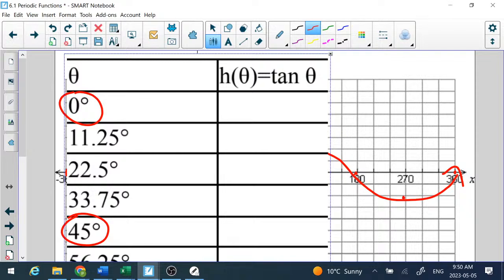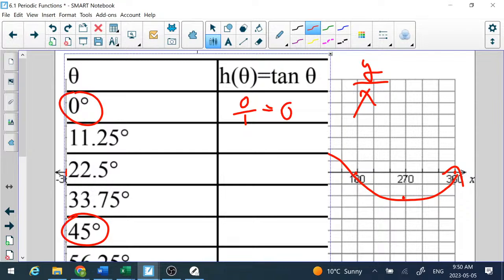Okay, how do we calculate tan again? Tan is y over x. So look at your unit circle. At 0 degrees, what's your y value? What's your x value? So we have 0 over 1, which is essentially 0.